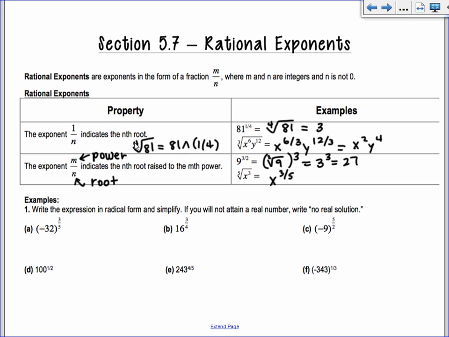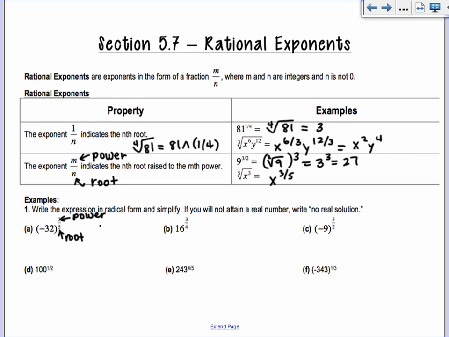The next one says write the expression in radical form and simplify. This is something I typically put on the non-calculator portion of the test, because all of you can put -32 raised to the parentheses 3/5 in your calculator and get an answer. That's not what I'm looking for. I'm looking for you to be able to do it without a calculator. The top number is a power, the bottom number is the root.